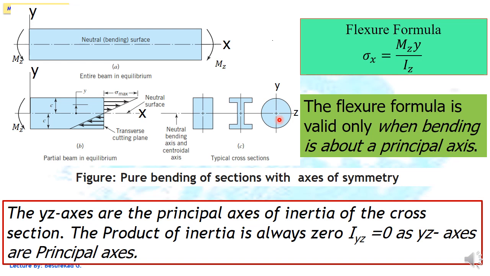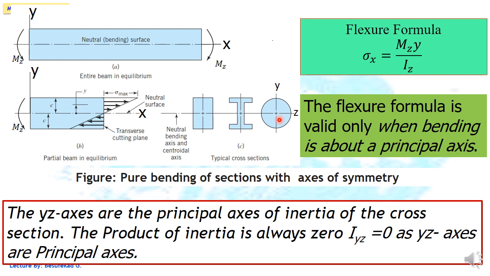What does it mean? A principal centroidal axis is an axis for which the product of inertia is zero. So this equation is only applicable for symmetrical bending, where the bending moment axis is about a principal axis. This is a truth that you need to know before using this expression.